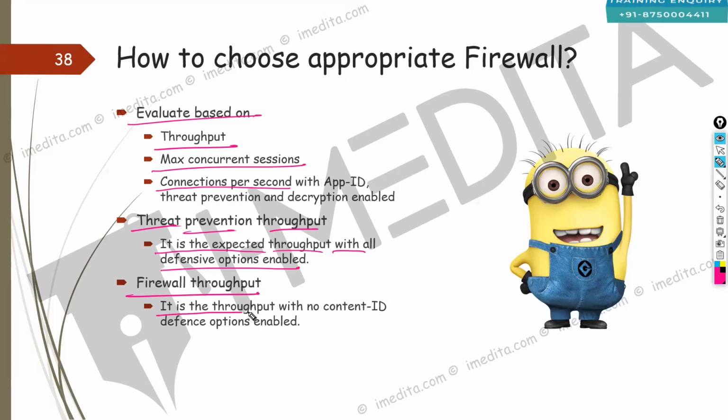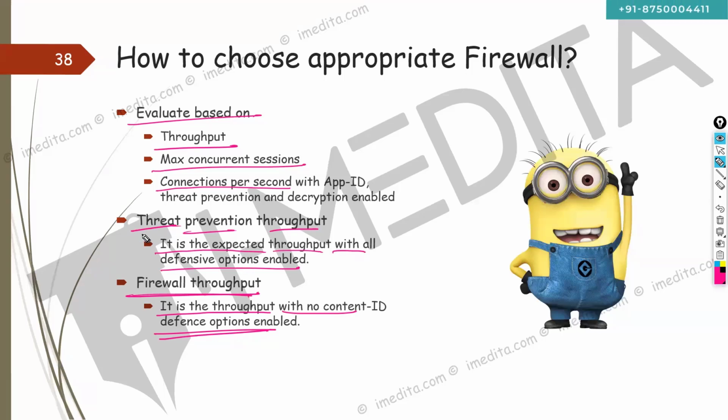Firewall throughput is the expected throughput with no Content-ID. If you are not deploying Content-ID, you are not checking the packet content, so performance will definitely be faster.